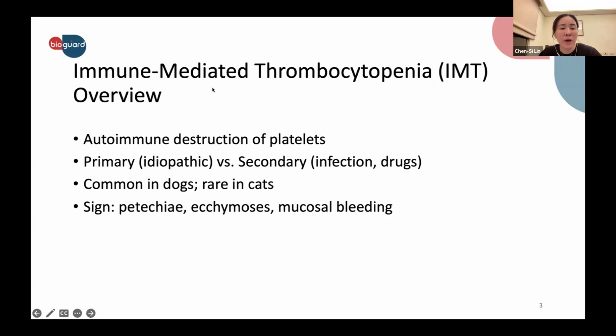We focus on immune-mediated thrombocytopenia, so-called IMT or ITP; we can call it ITP for short.